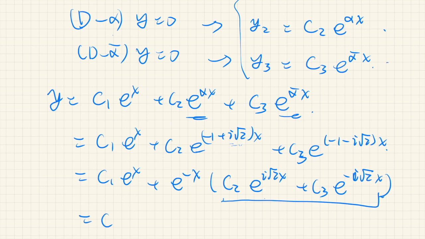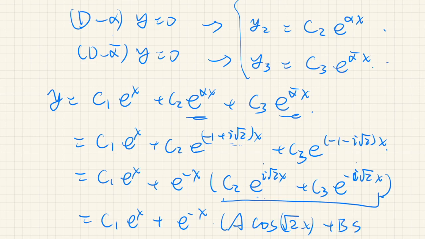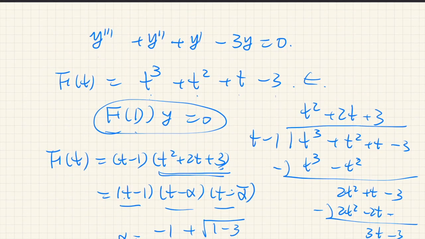So if we just expand this using Euler's formula and get rid of these i terms, that will be a cosine of square root of 2 x plus b sine of square root of 2 x. So this should be the general solution of this equation.